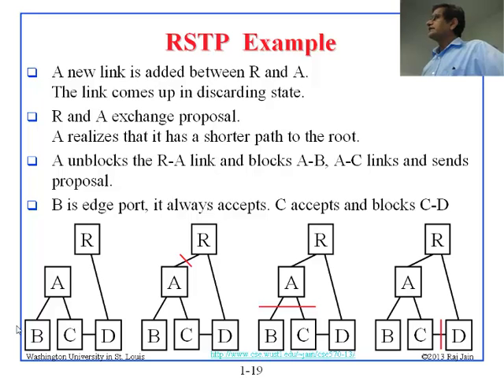The only difference is that if this link, shown by the long distance, has some reason to be longer than this path, then it will say, okay, I have a shorter path. So basically, C accepts the proposal and blocks CD, so then it has a 2-hop path through this path.